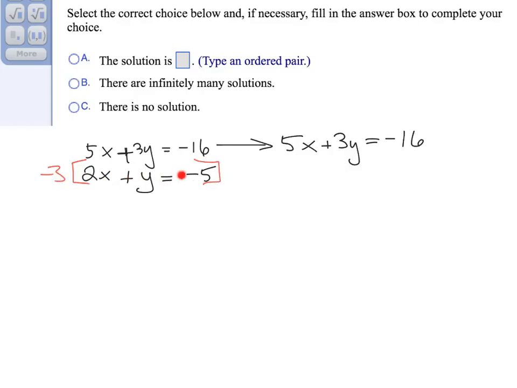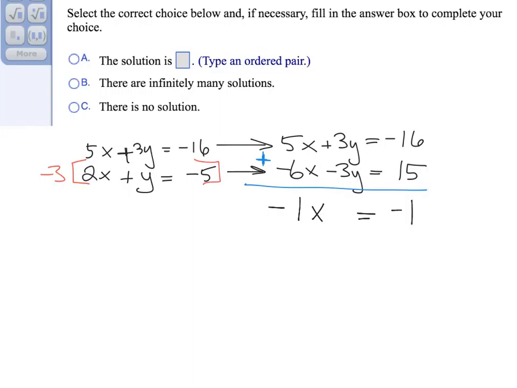And then this line becomes negative 6x minus 3y equals positive 15. So everything got multiplied by negative 3. And now you can see we have opposites. So we can add, because our positive 3y and negative 3y, they cancel each other out. That gives us negative 1x equals negative 1. You divide both sides by negative 1. You end up with x is equal to positive 1.